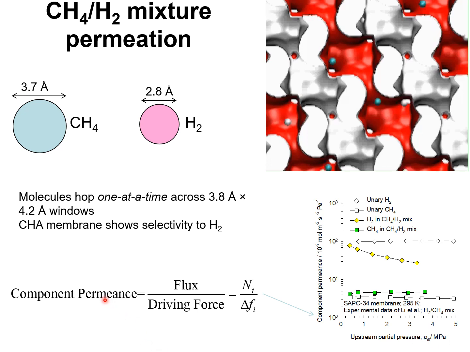The component permeance is described as the flux divided by the driving force, and the driving force is the difference in the partial pressures or fugacities in the upstream compartment and in the downstream compartment.